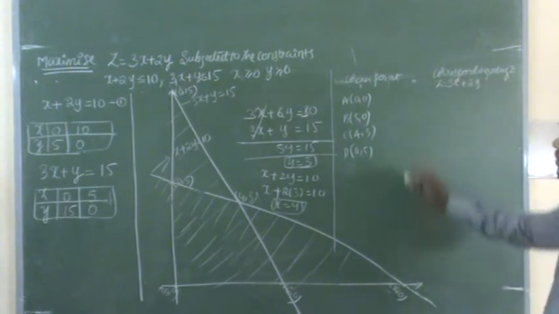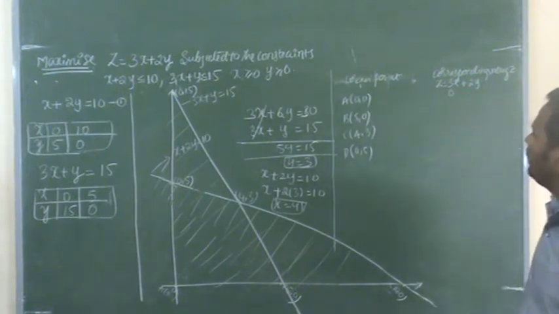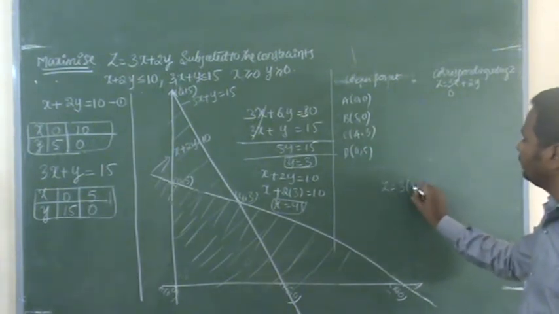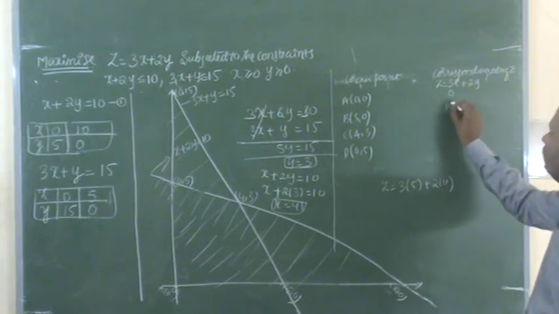The corresponding value of z is 3x plus 2y. For the first point, z is 0. For the second point, z is equal to 3 into 5 plus 2 into 0, that is 15.